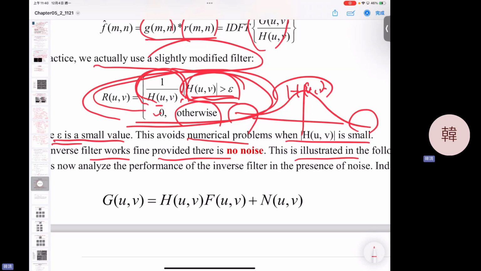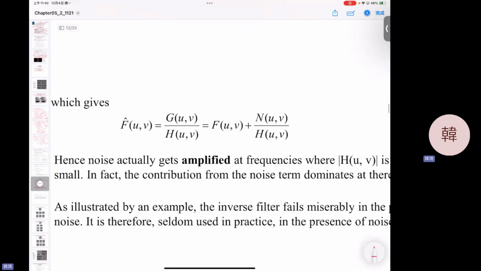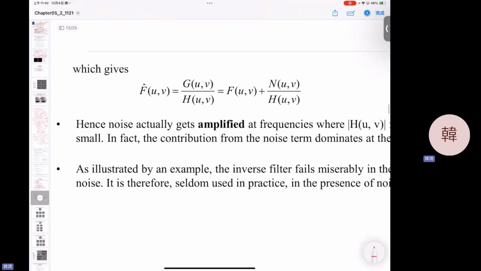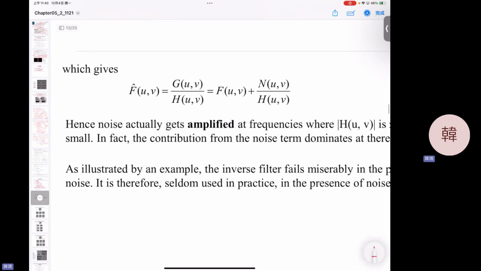When it's in the denominator, the effect will be large. So if it's smaller than some epsilon value, don't do the inverse operation, otherwise you'll magnify a lot.